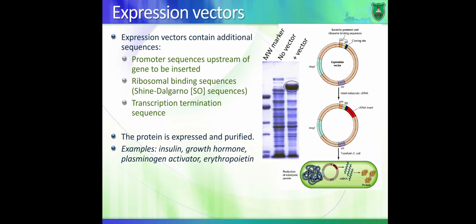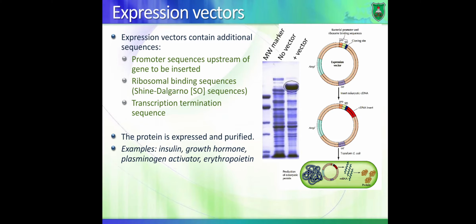We can take this protein and use it in medicine to treat patients, like insulin for diabetic patients and so on. So this is just an example of bacteria that can produce a protein. This is known as a Western blot, which is similar to gel electrophoresis for proteins. We isolate all proteins from bacterial cells, and these are the proteins that we can detect from bacterial cells that do not have this vector.